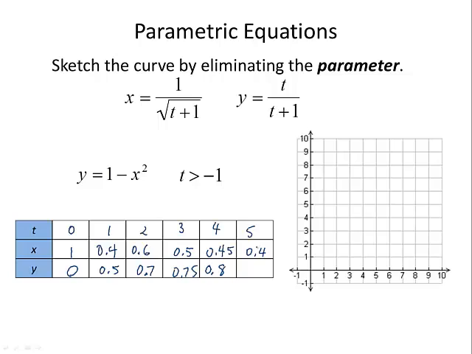And 5 over 6 is 0.83. Okay, so graphing this, we're going to start at (1, 0).